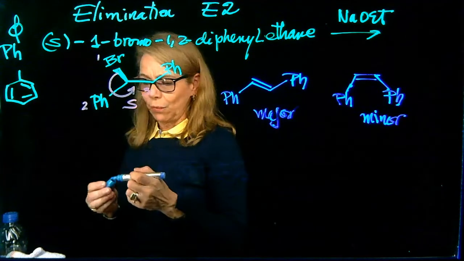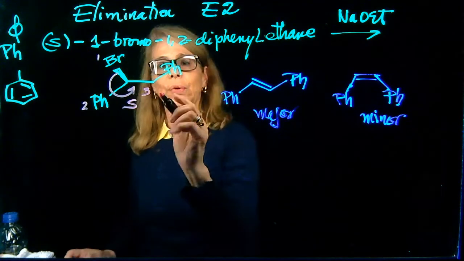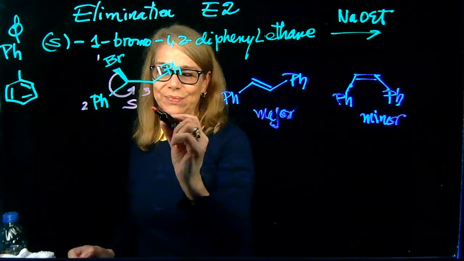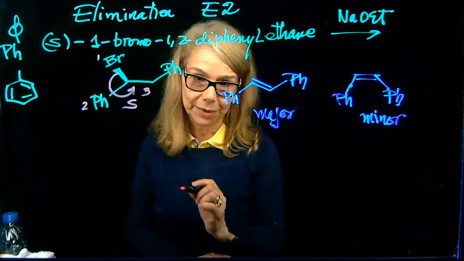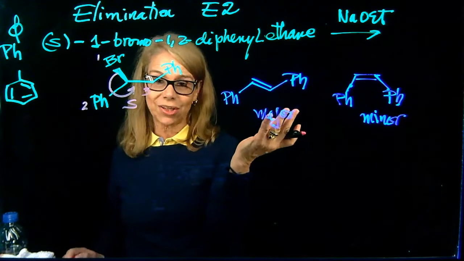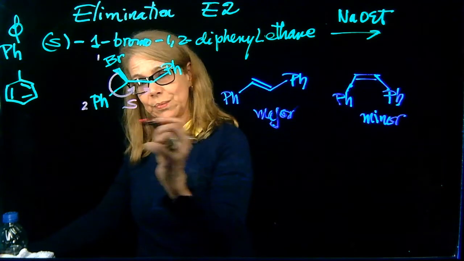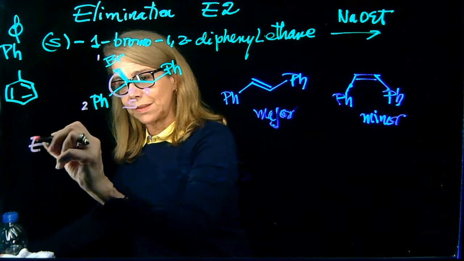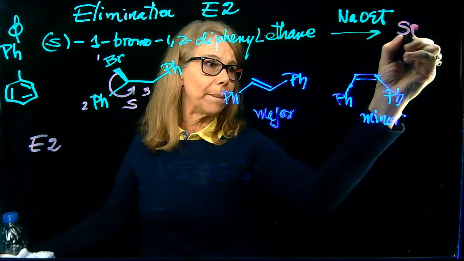To do that, we need to remember that in this elimination, there is no longer a bromine and we're removing a hydrogen to make a double bond. So we're removing essentially HBr. This elimination proceeds by an E2 mechanism in the presence of a strong base.